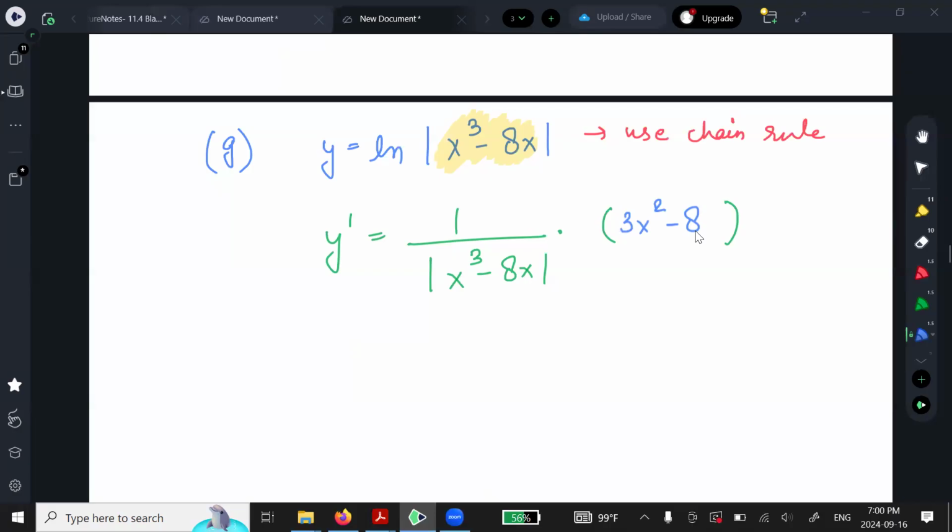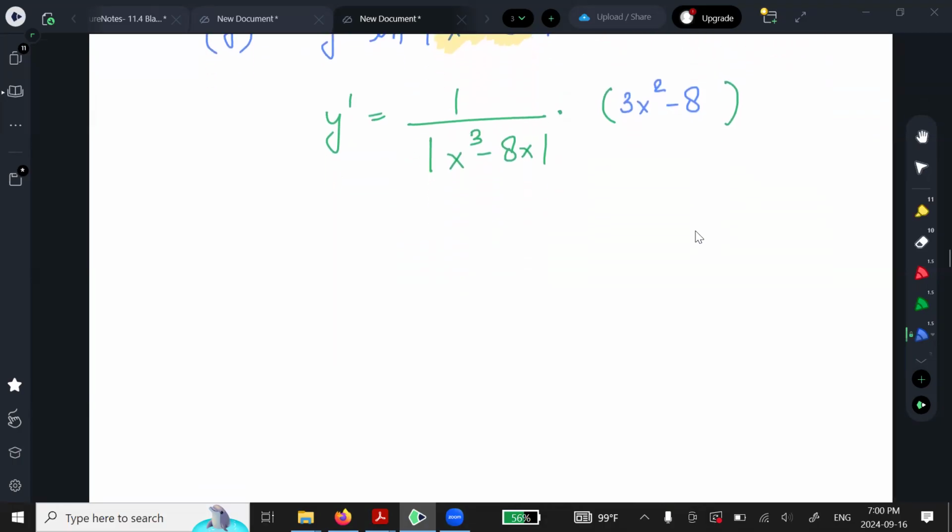Oh, you are saying there is something inside the log which has an exponent. Oh, good question. Okay, so what's your name? Abade. Okay, Abade, great question.